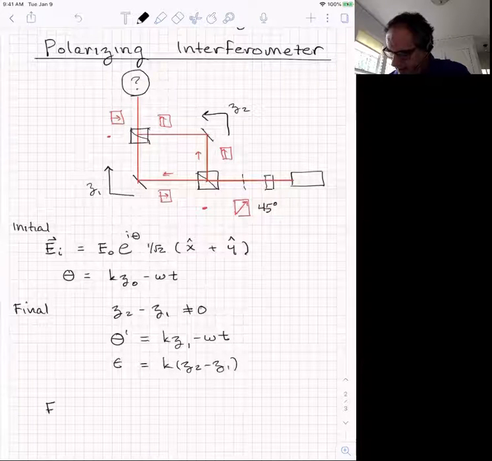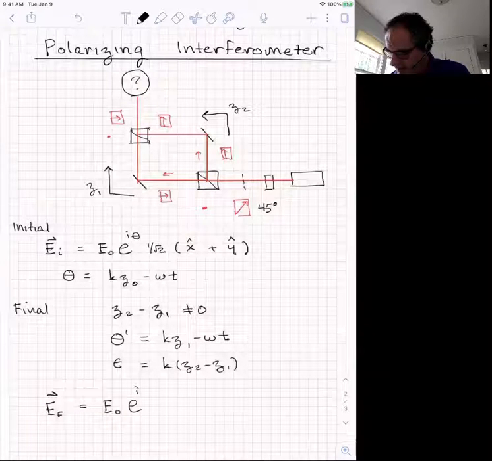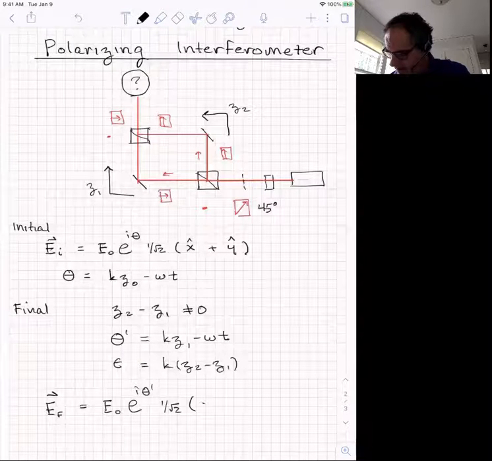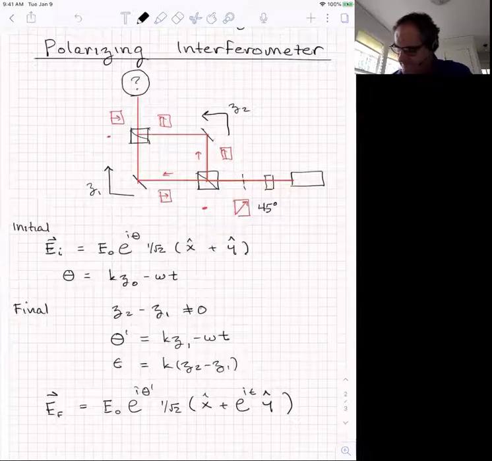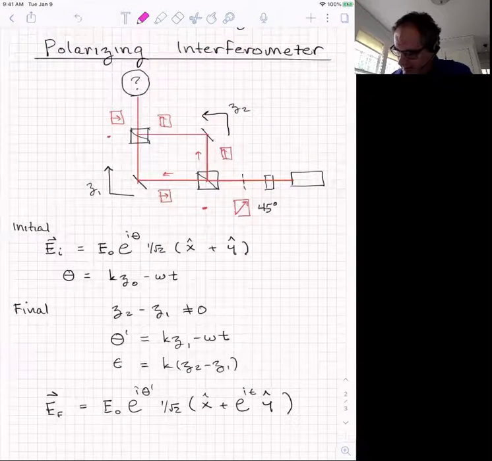Then the final electric field can be written just like this: E0 times e to the i theta prime times 1 over root 2 times x hat plus e to the i epsilon times y hat. Okay? Here, I'll put a box around that just so we can keep an eye on it.